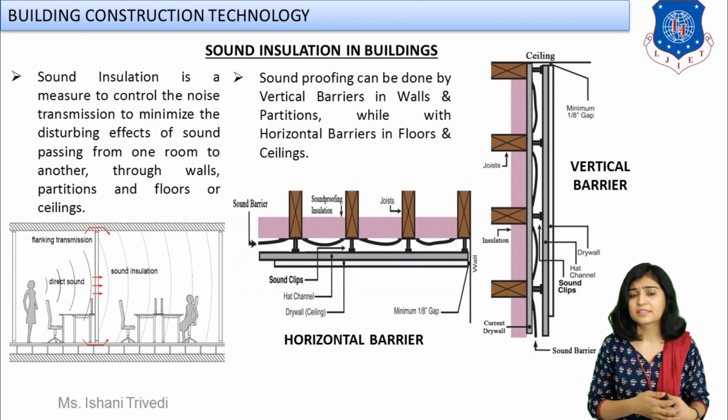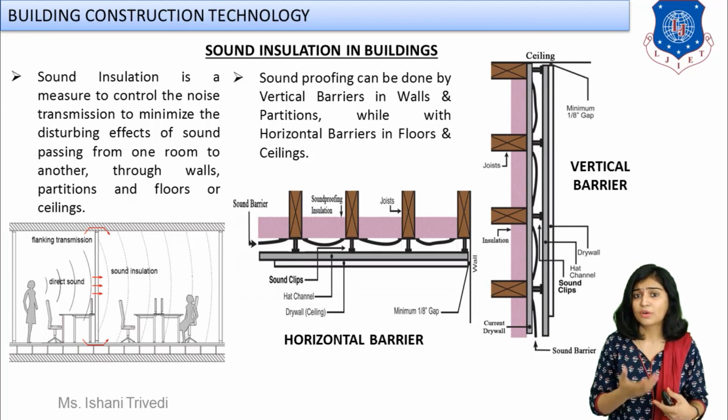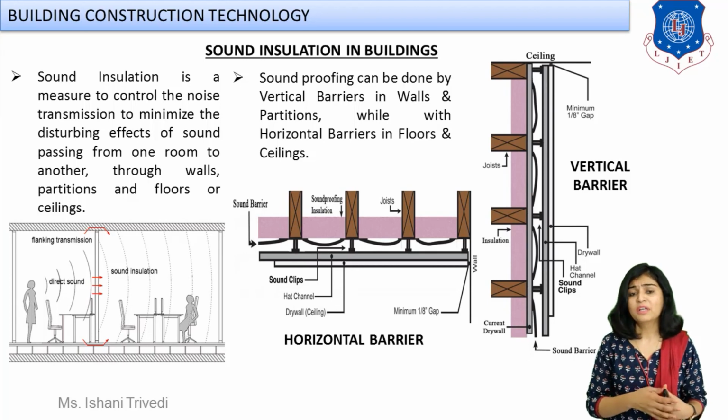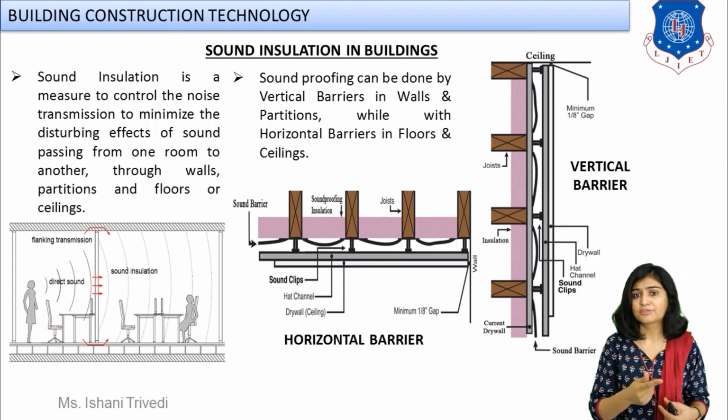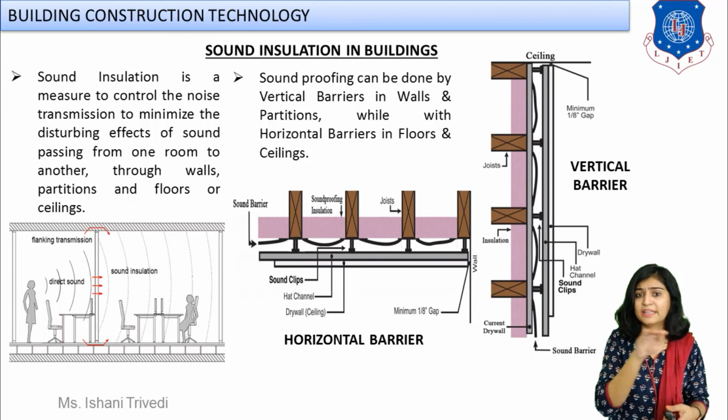Again, the material, the sound insulating material, the boards will be nothing but made up of fibers. It will be made up of wood fibers, rock wool fibers, okay? And you can see that in the cross-sectional image which is flashing over here for the two different barriers, right? For the vertical and for the horizontal, you can see over here that in between, right, in intermediate.